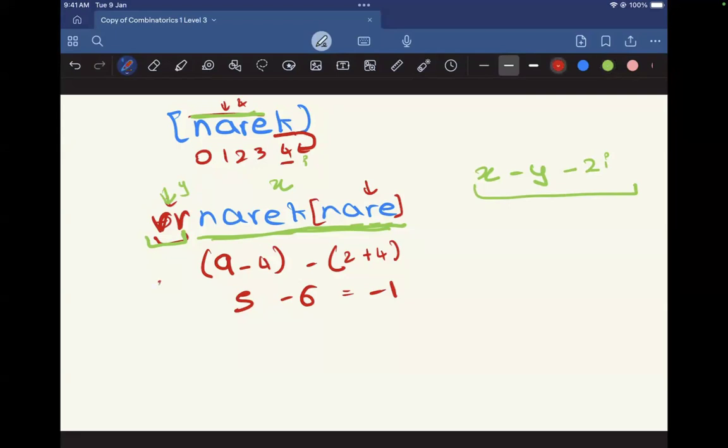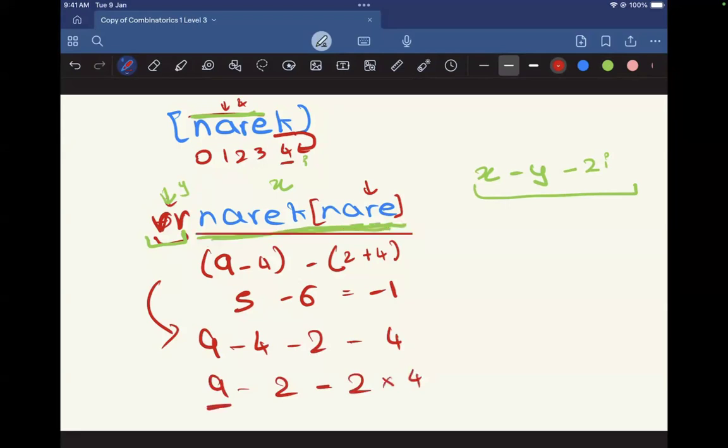Because this right here is 9 minus 4 minus 2 minus 4, which is basically 9 minus 2 minus 2 times 4. 9 is the number of characters we took up. 2 is the number of characters which were by default in GPT score. And 2 times the index is reducing this from our score and adding it to GPT score. Is this much clear, guys?